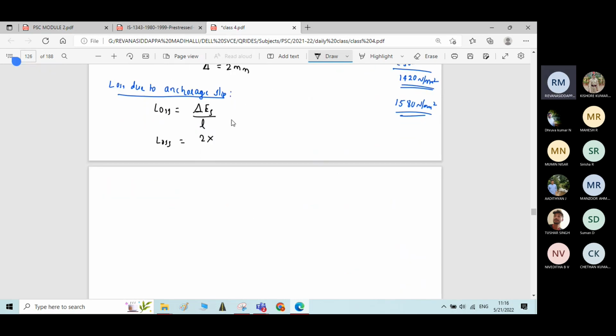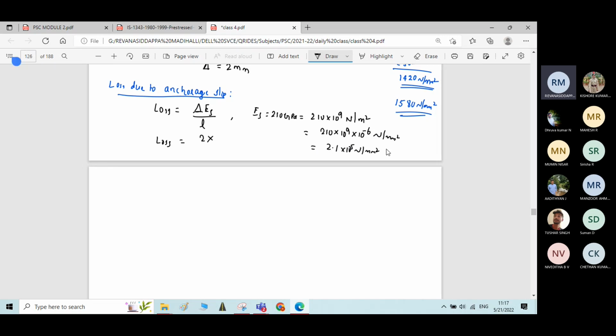Es is given as 210 gigapascal, which is nothing but 210 into 10 power 9 Newton per meter square. If you want Newton per mm square, it will be 210 into 10 power 9 into 10 power minus 6. Finally, you will get 2.1 into 10 power 5 Newton per mm square.